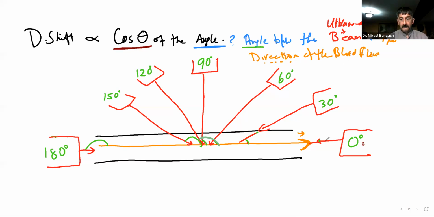So your beam and the direction of blood flow make certain angles, and those angles have their own cosine theta values. Those are what we will be filling into the equation now. So the cosine theta value of a 0 degree angle is 1.